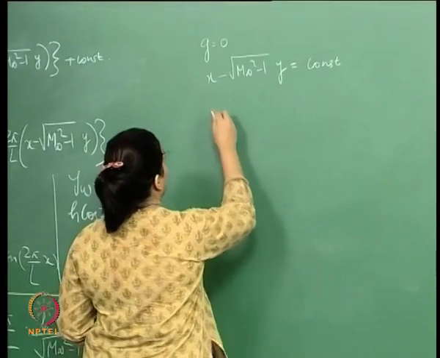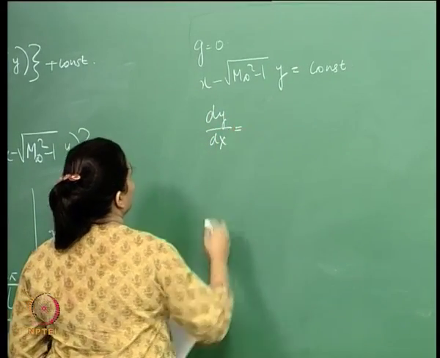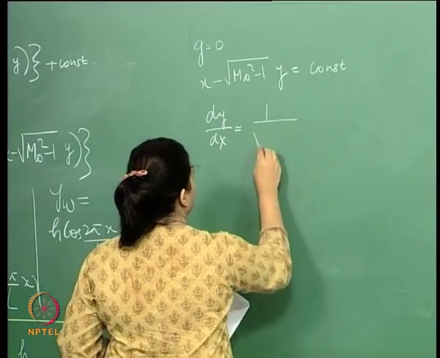In this case, I can write the slope of each line, so dy by dx is this.